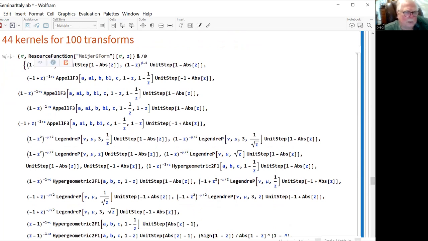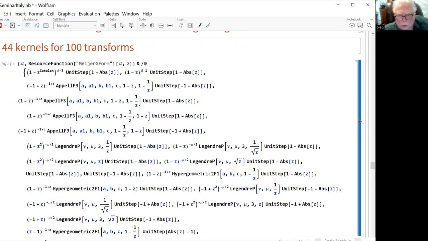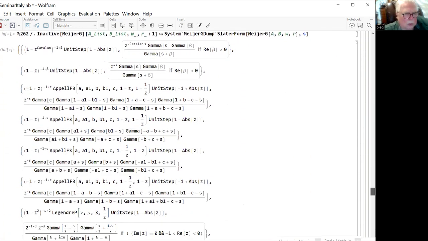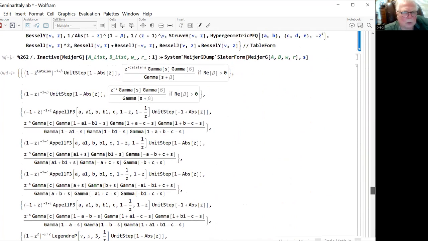I converted all these kernels to what I made. At first, I converted to Meijer G form.